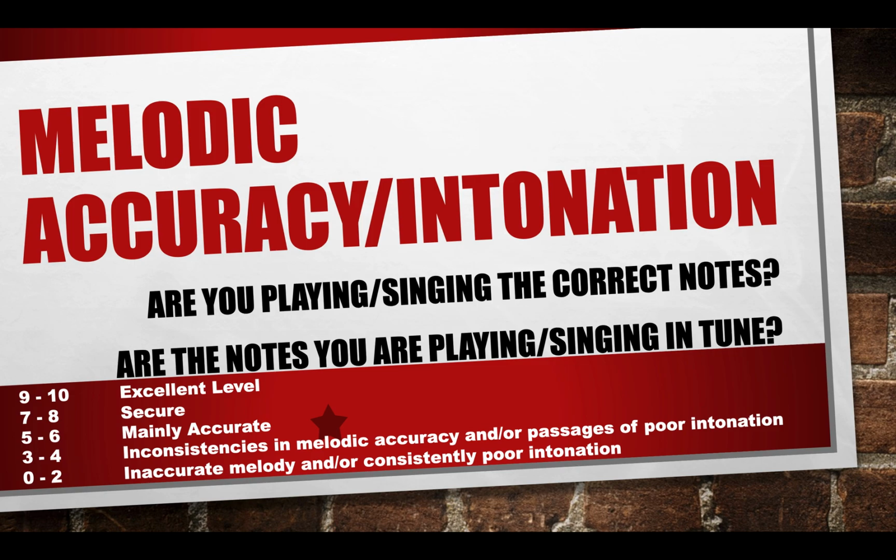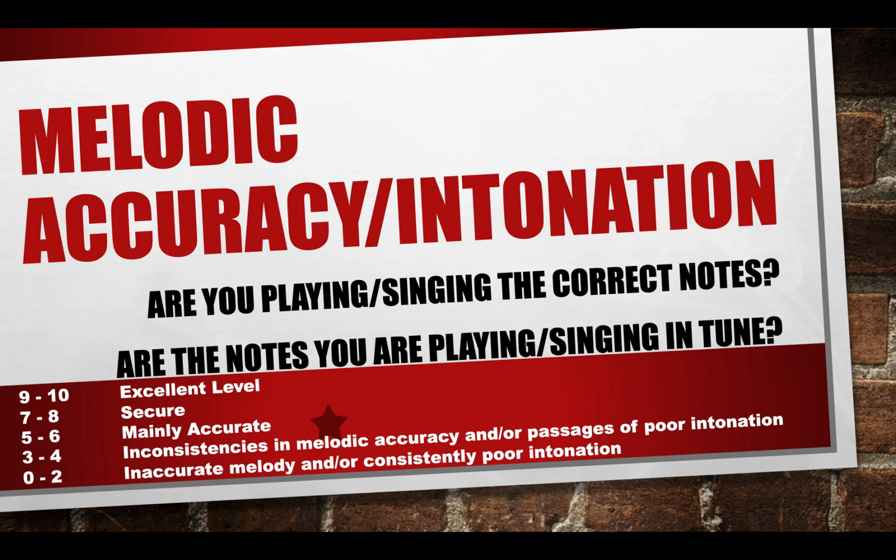So for melodic accuracy and intonation, they're really asking if you're playing or singing the correct notes. Is the melody correct? In addition to that, are the notes you're playing or singing in tune? So is the intonation good?